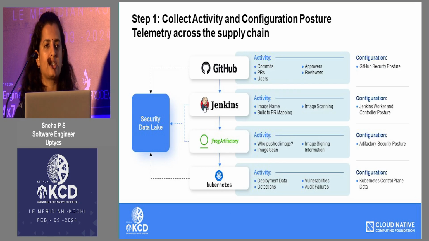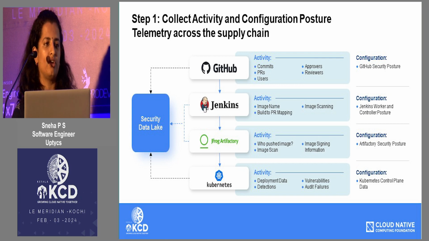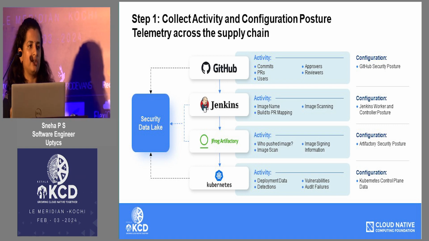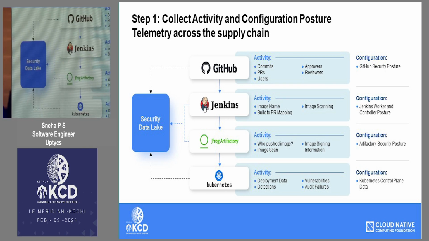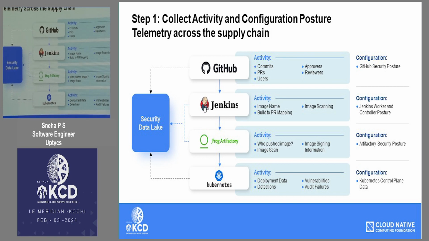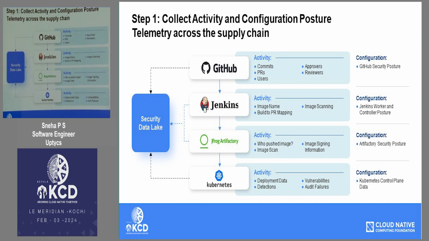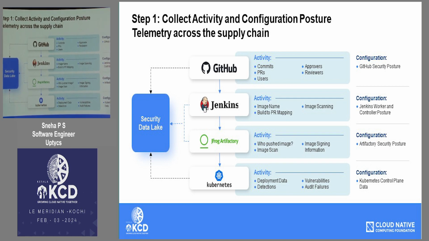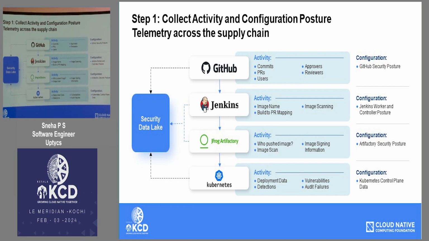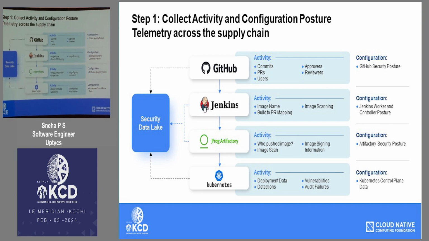We've been discussing for a long time that we have a container supply chain, we have components involved, and we know that these kinds of threats and issues come, but you need to find a solution to it, right? So for step 1 of solutioning, the easiest thing that anybody can think of is to get telemetry across all the components involved in your supply chain. My supply chain basically includes these 4 components, and there are 2 segments of data that I would collect as part of telemetry.